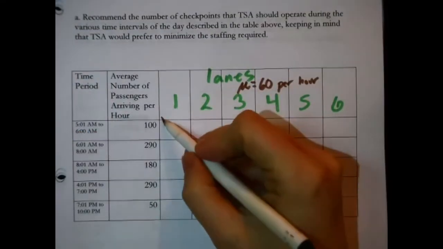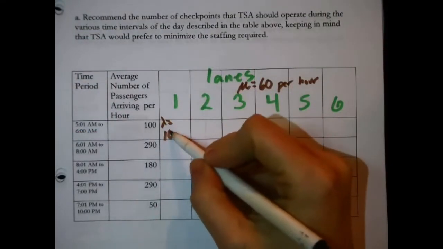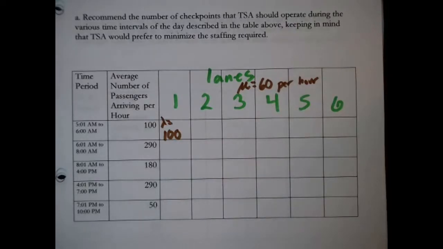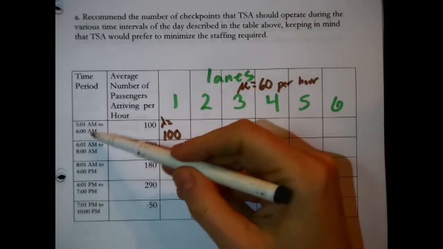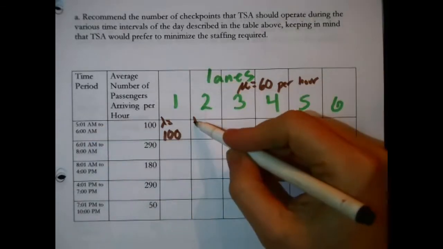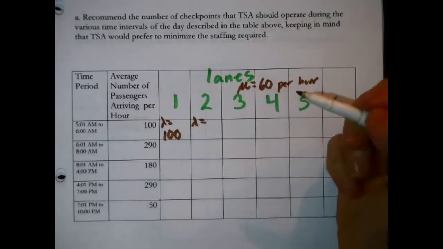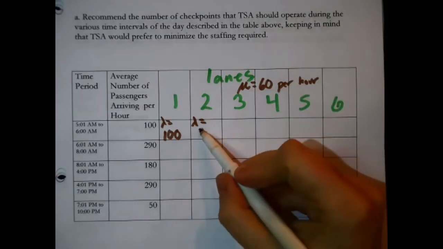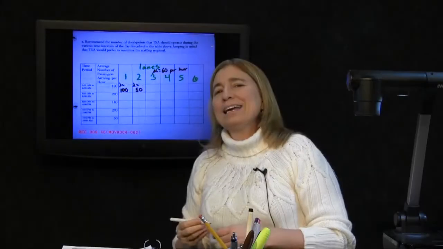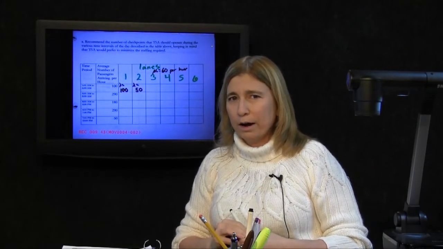That means lambda would equal 100 per hour. Now, if we decide to open 2 lanes in this particular time interval, the greeter is going to split that arriving traffic evenly. That's what the scenario told us. That means effectively for each lane, lambda is 50 per hour.